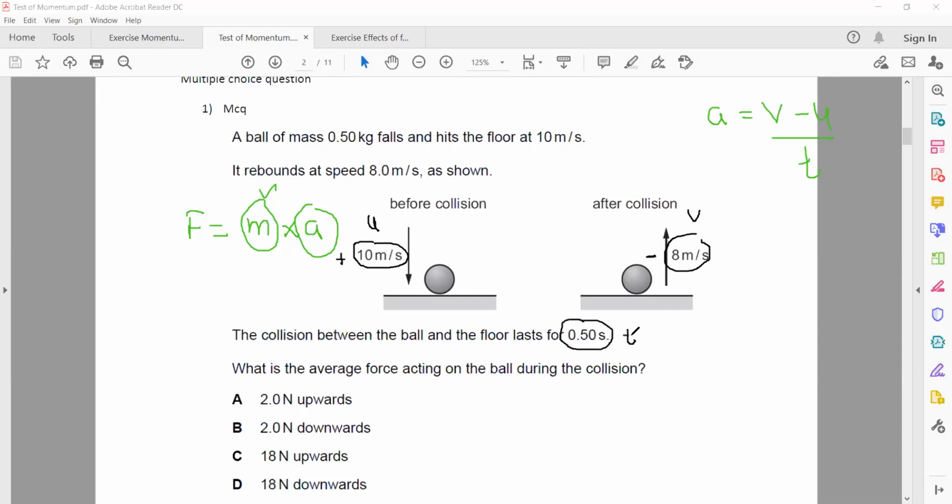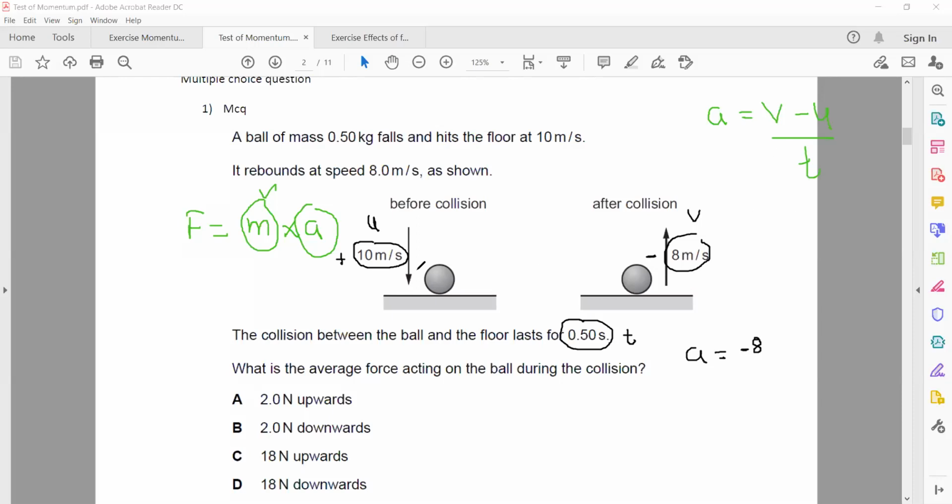That's the time interval. So we need the average force, F equals ma. We have the mass, but we need acceleration. Acceleration is change in velocity, v minus u divided by t. What is the final velocity? I will not take 8, I will take minus 8. Why minus? Because the direction changes. If downward I took as positive, the upward should be considered negative.